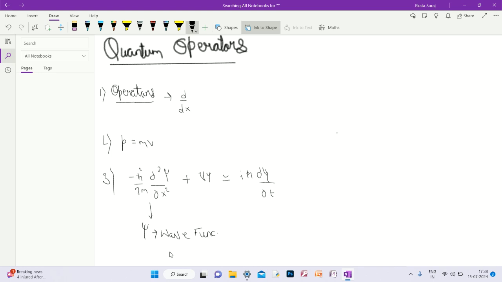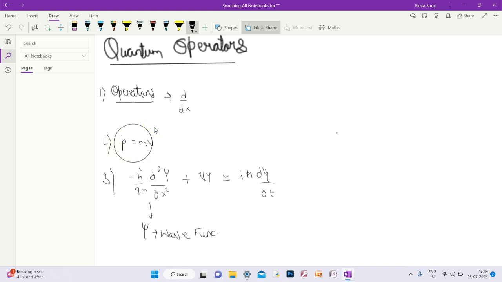The wave function is generally a mathematical entity which contains some mathematical formulations. As I previously said, quantum mechanics is based upon probability, so you cannot directly apply the formula of mass into velocity in quantum mechanics.